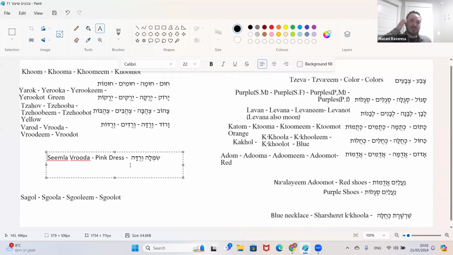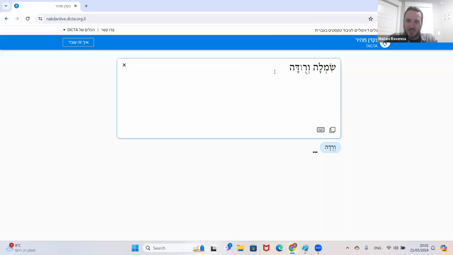A mole rat. Yeah, so you know those naked mole rats in the underground? They're pink, they have no fur. You know what I'm talking about? Sorry, that's the most immediate example I had. But so those blind little mole things that are naked.